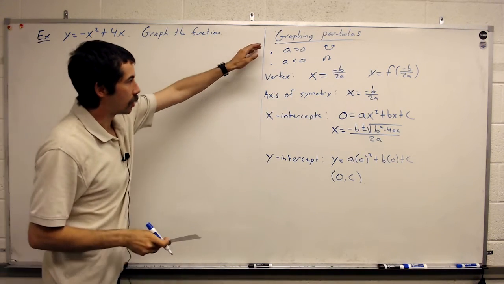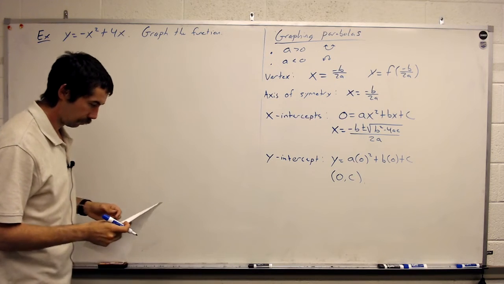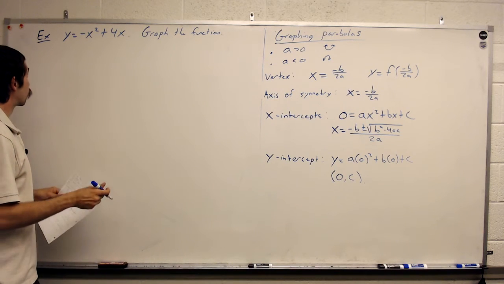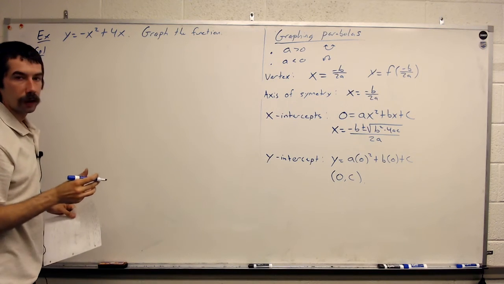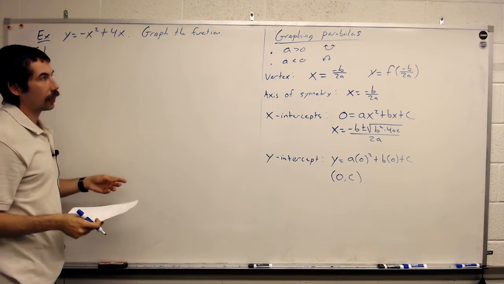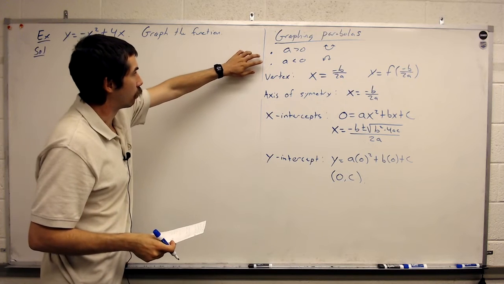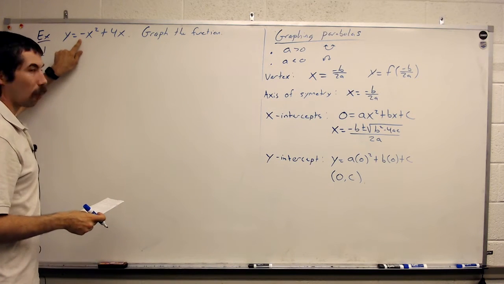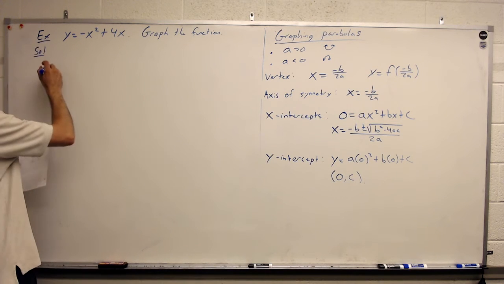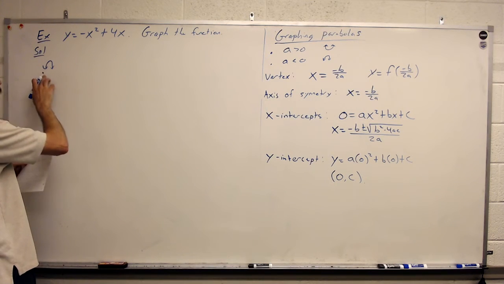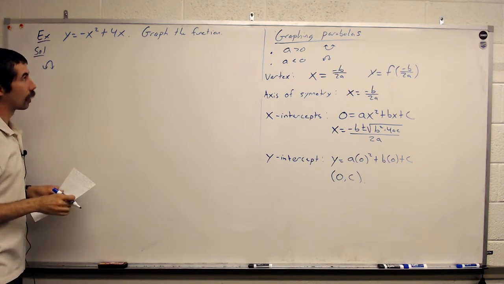We're going to use these points here. So first thing we need to check is, is our a value positive or negative? Our a value is -1. -1 is negative, so we're going to be opening downwards. I'll just mark that there so we keep that in mind.